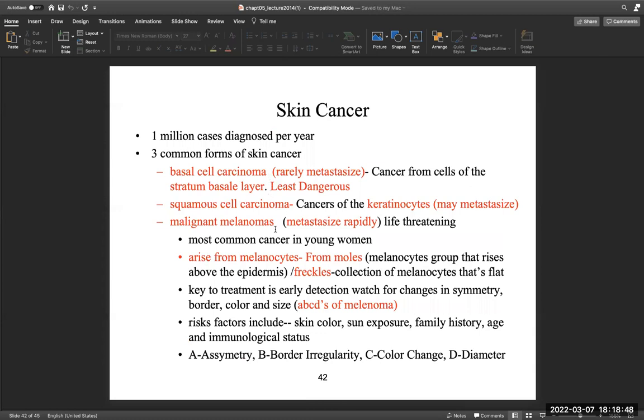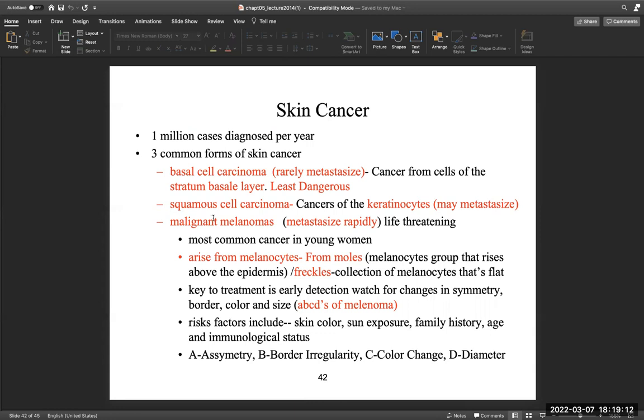The bad thing is this: even though people who are darker skinned have lower prevalence of skin cancers, the mortality rate in people with darker skin who get skin cancers like malignant melanoma is worse.